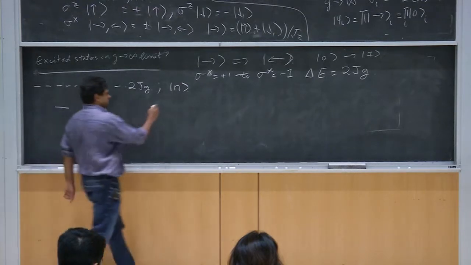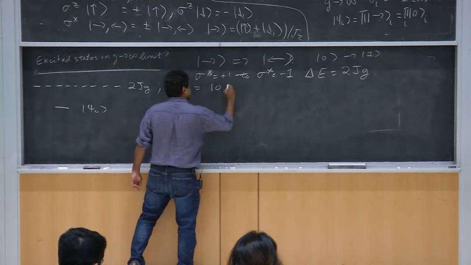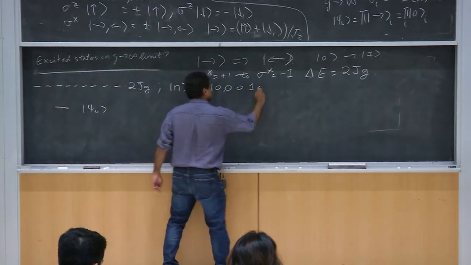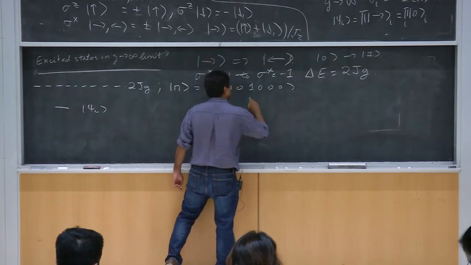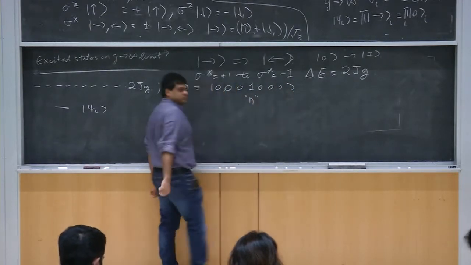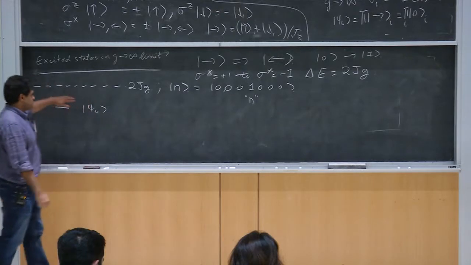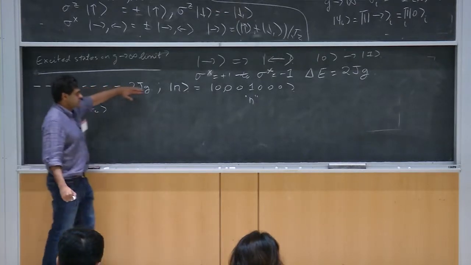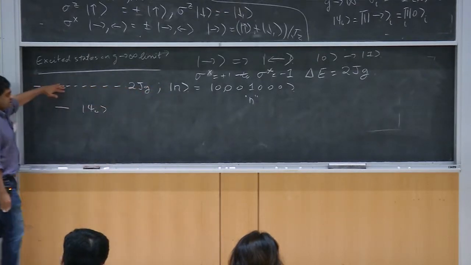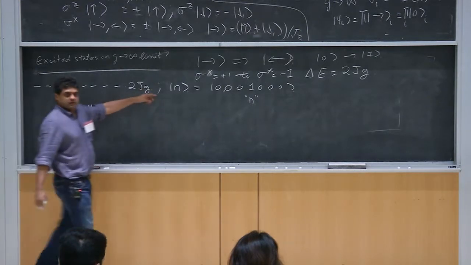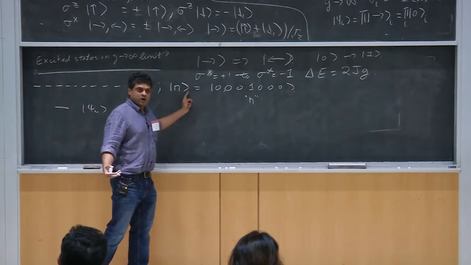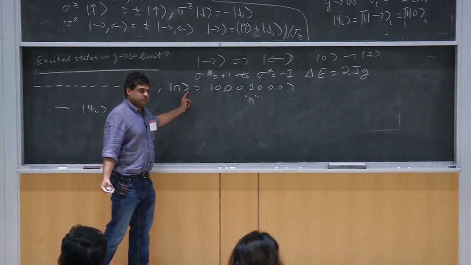So this is a string of zeros, and there's a 1 somewhere at location n. If I restrict my attention to this space of first excited states, I can label them by this integer n. It's like a 1 particle state.